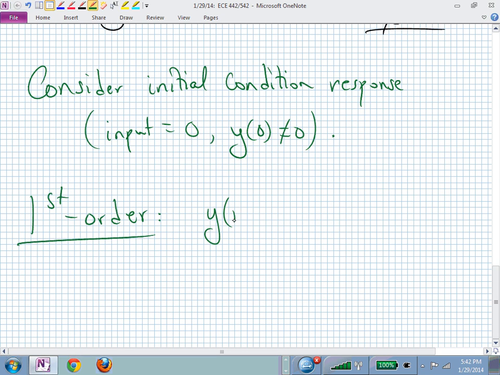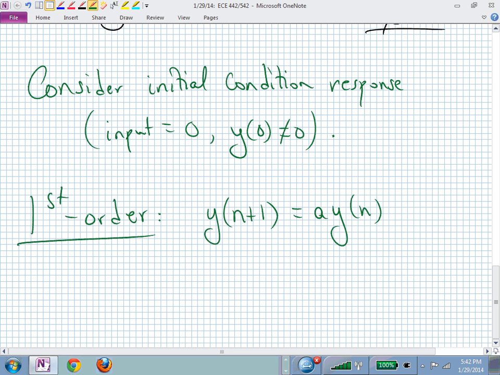But let's go ahead and increase the left-hand side argument. y of n plus 1 is equal to a y of n. That's a first order difference equation. It's first order because we only have one advance or delay in the arguments. And this a, we'll assume that that's a real coefficient.